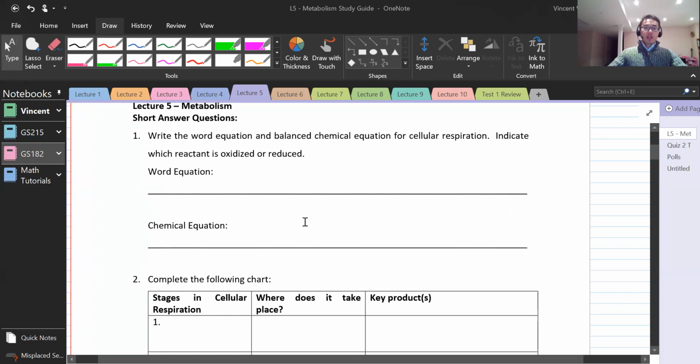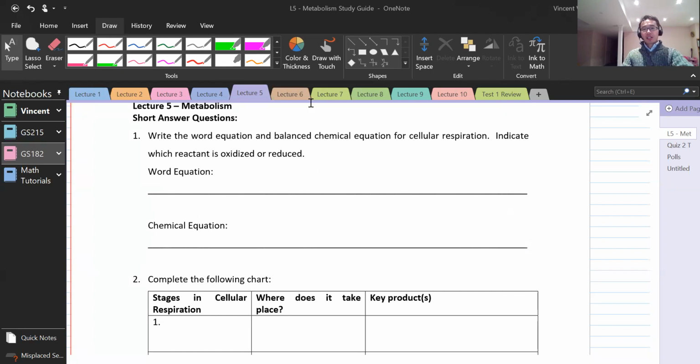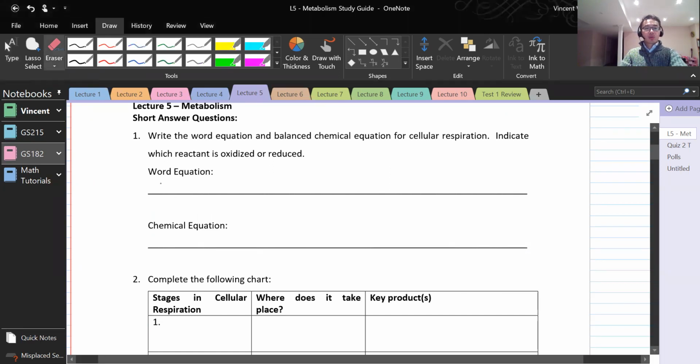Write the word equation and balanced chemical equation for cellular respiration. Indicate which reactant is oxidized or reduced. Okay, so the word equation goes like this: glucose, which comes from the food that we eat, is going to react with the oxygen that we breathe in.